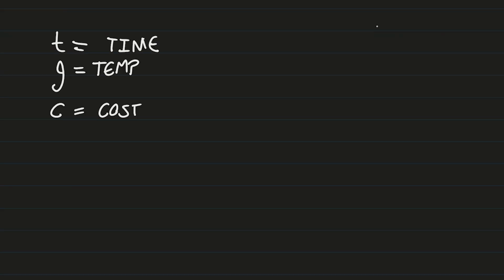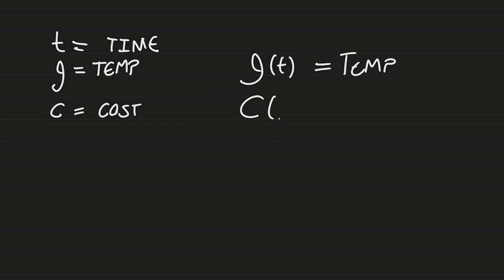This process might seem a little useless at first, but let's take a look at what this could mean in real life. Let's say you have a function g of t, where you plug in a time and you get a temperature. Now let's say you have a function c of g, where you plug in a temperature and you get cost, maybe your bills, like your energy bill, for having to lower or increase the temperature in your house.